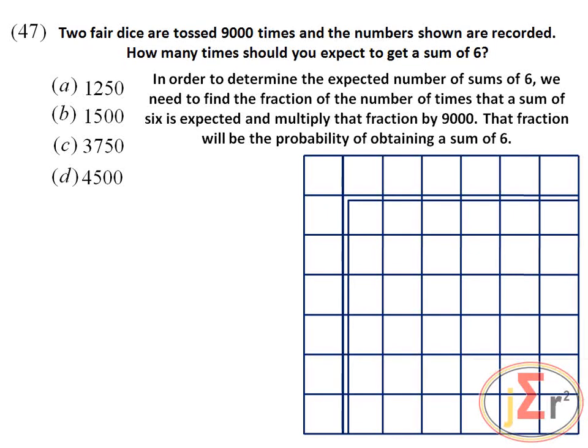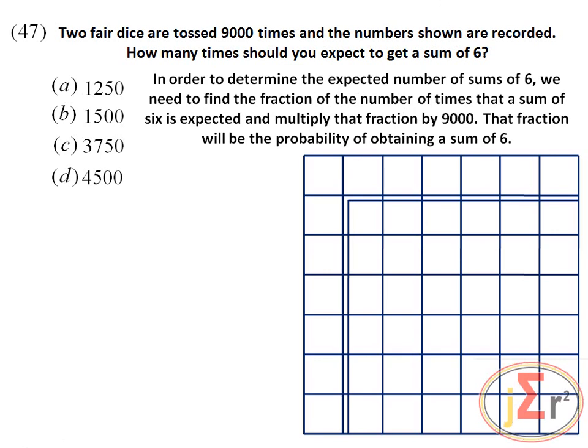If we are able to do that, then we will take that fraction and multiply it by 9,000, and we will get not the number of sums of 6, but the expected number of sums of 6, which of course is far different from the actual number of sums of 6.